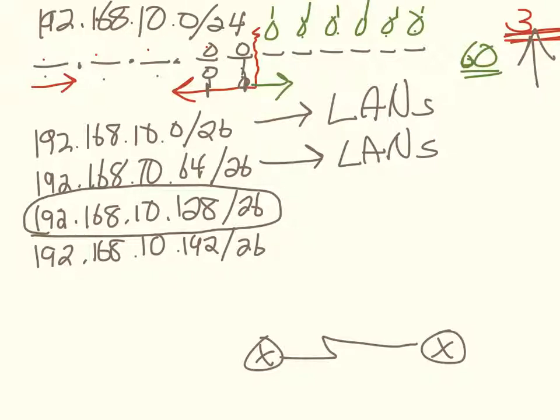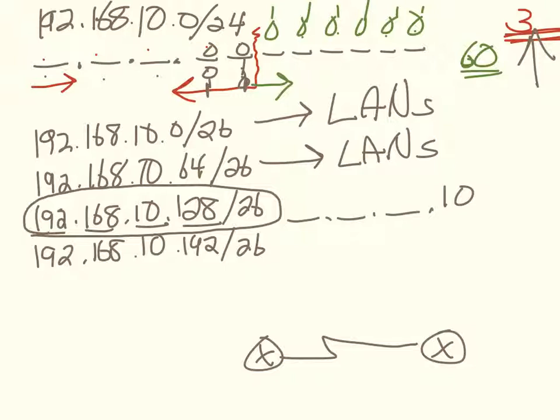So now we have how many bits that we can use. This address, the 128, we've got our 3 octets, and then we have this octet, which is right now a 1 and a 0. And that's where that one ends.